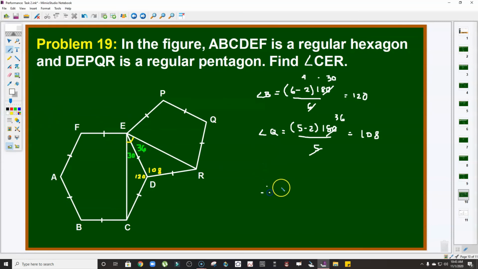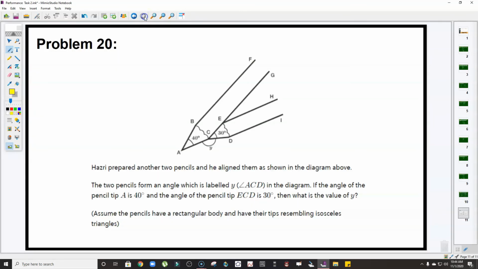Therefore, yung measure ng angle CER natin is just the sum of the two angles, CED and DER. So, therefore, the measure is 66 degrees. There you go. So, let's have the last item on this video.